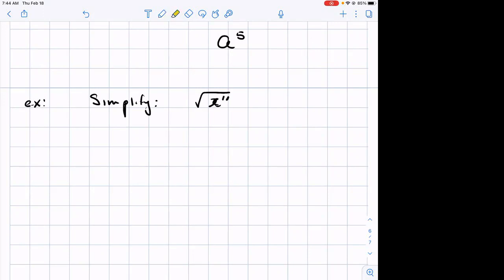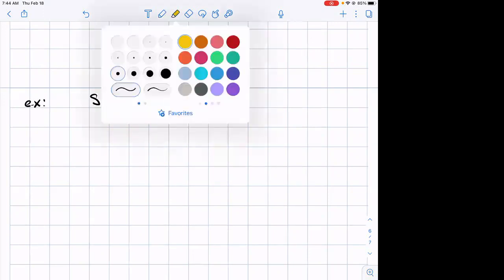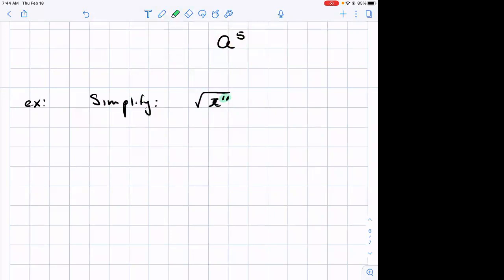Well, 11 is not divisible by the index here, which is a 2.